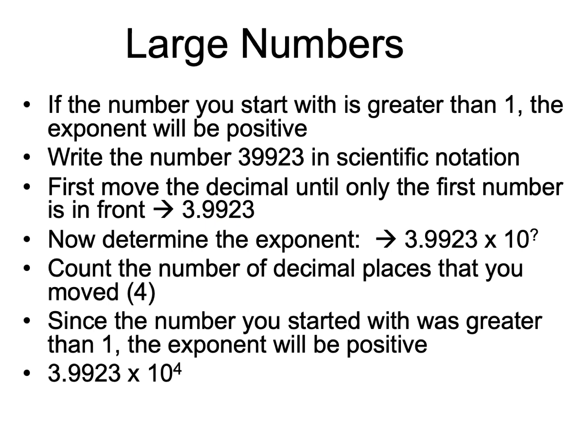Now, I want to determine the exponent, what number goes with the 10. I simply count the number of decimal places that I moved. So I moved 1, 2, 3, 4 times. And so now I can write this out as 3.9923 times 10 to the 4th because I've moved it 4 places to the left.